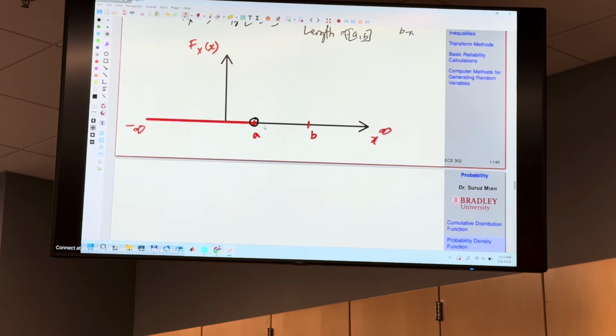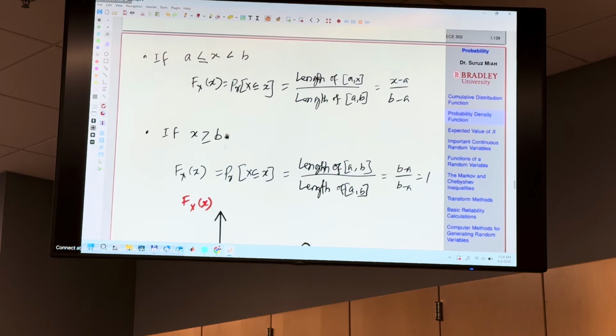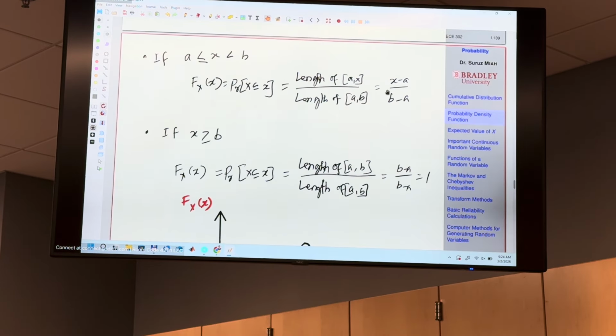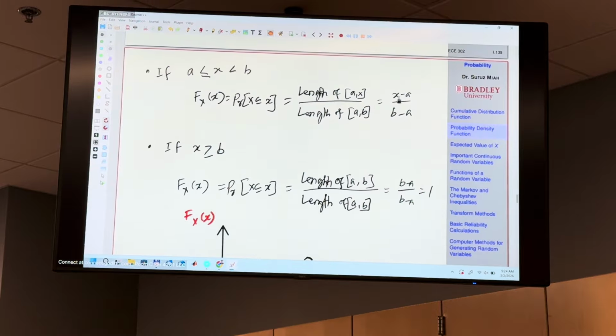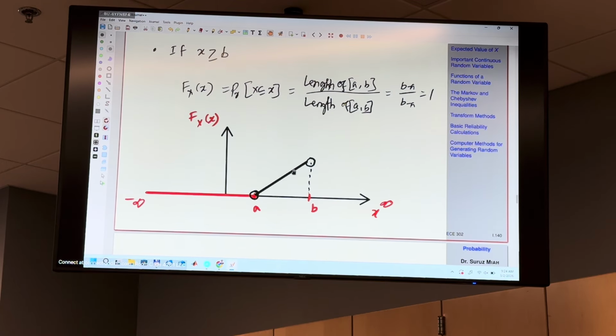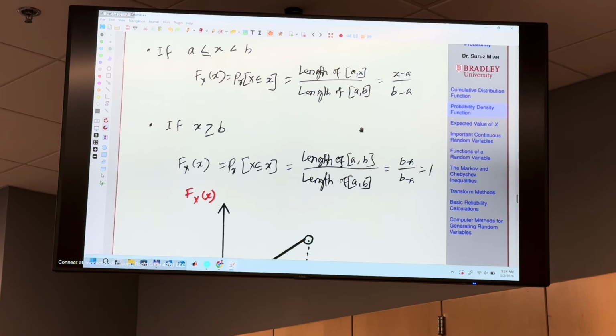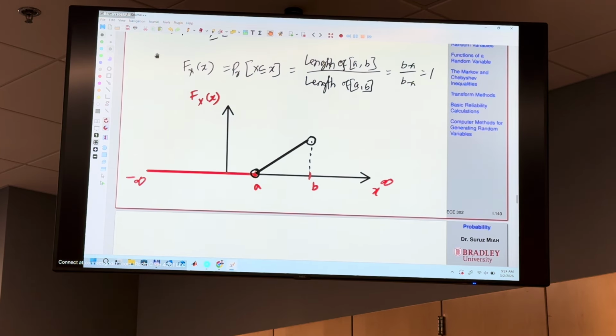And then you go all the way from a to b, not including b. Here F sub X is basically 1 over b minus a times x minus a. So you'll have a linear segment. It's going to be linear.